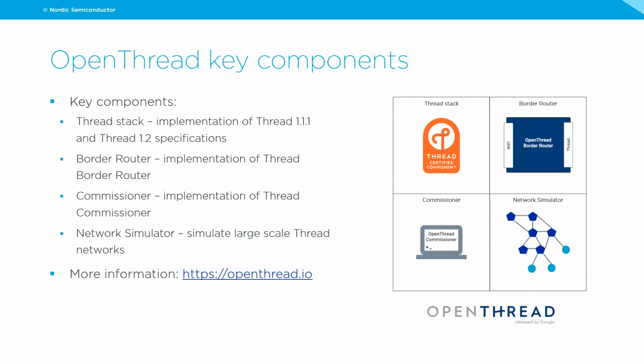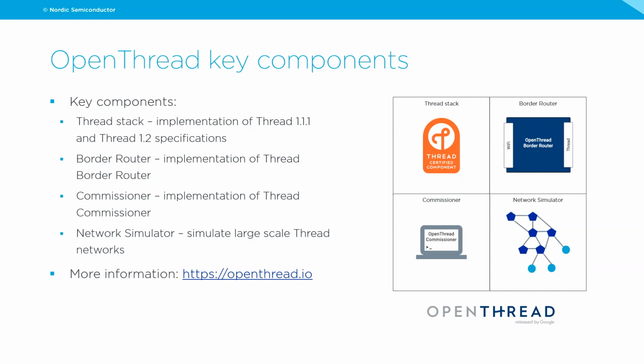Thread 1.2 version of the specification is still under development, but already today you can use several of the features. It's worth mentioning that OpenThread itself is not only the stack, it's the whole project that contains several components which are useful to develop the Thread product.